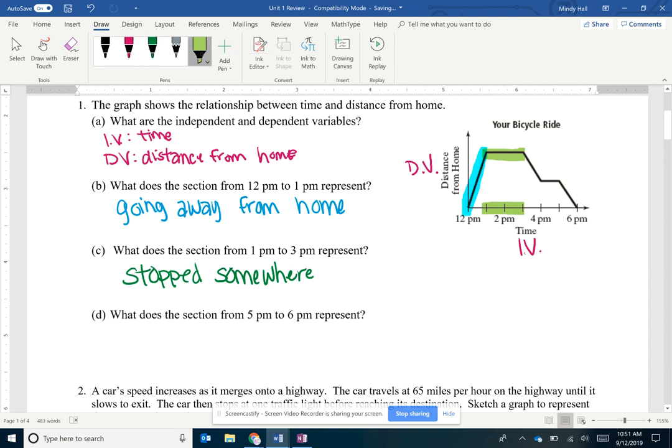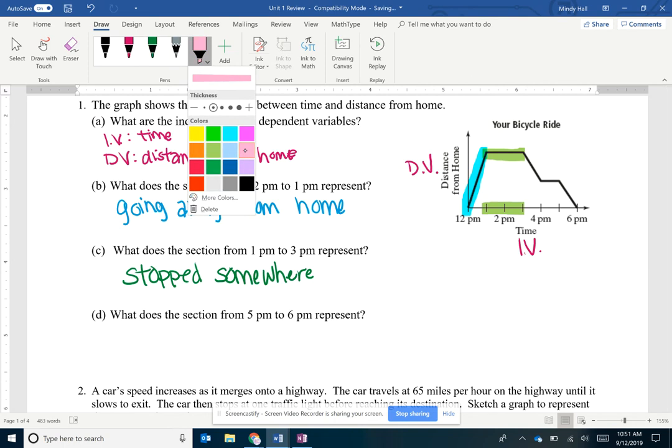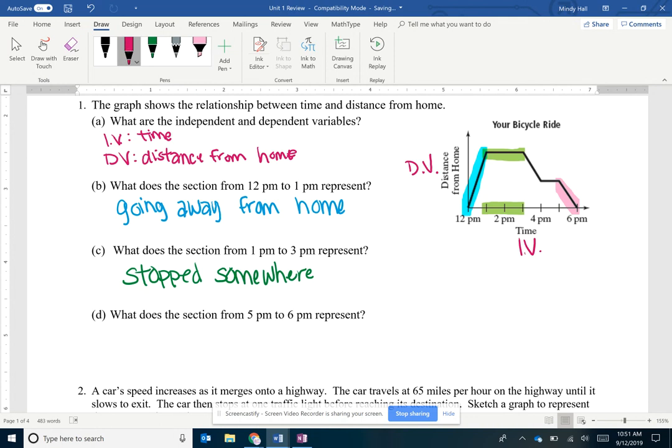And then the section from 5 to 6 is this section right here, and that is when you are heading back home. And then eventually you are home.